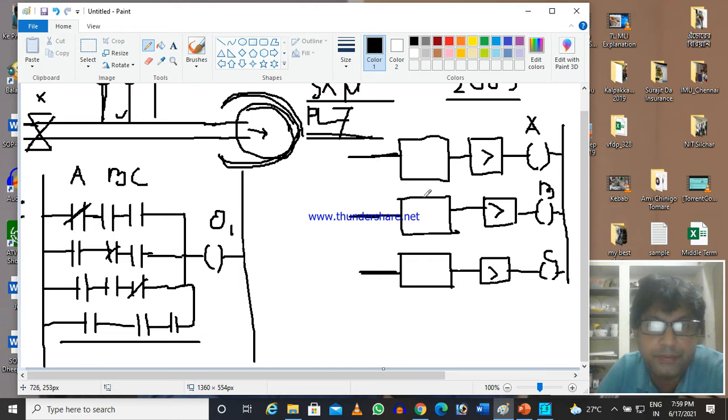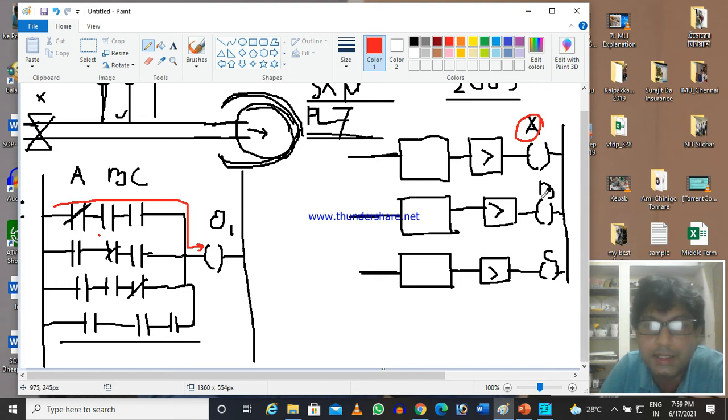Now if even though the pressure is reached, but this first transmitter is not working, that time this A will not actuate. So that's why it is already NC, and then B and C will work. That time the path is like this and your solenoid will cut off.